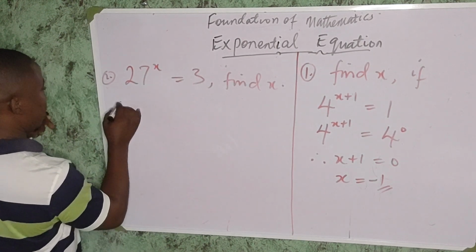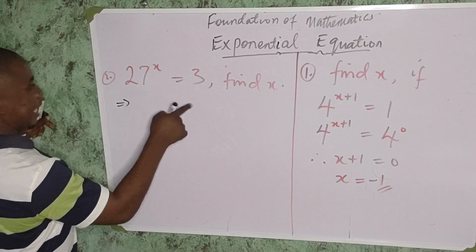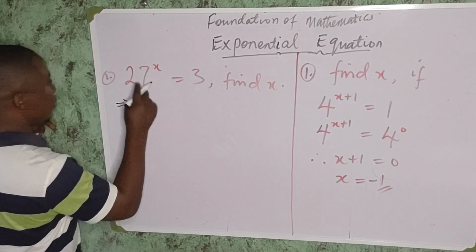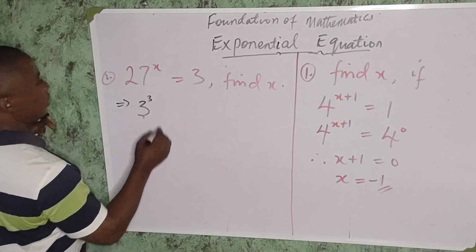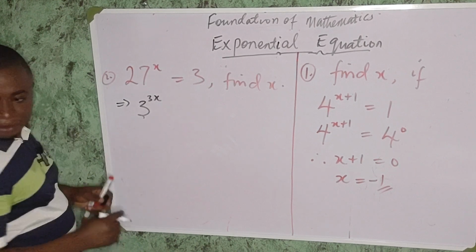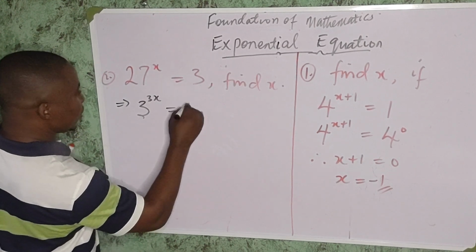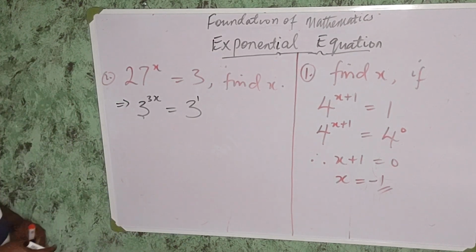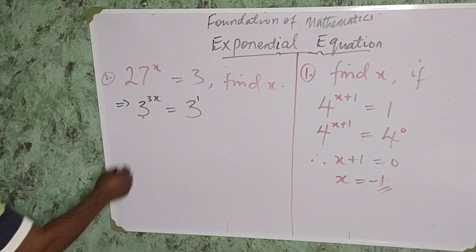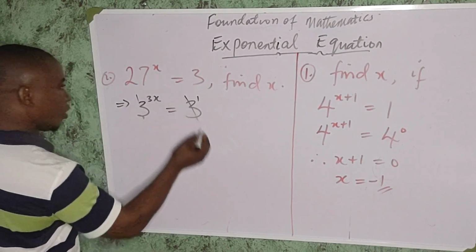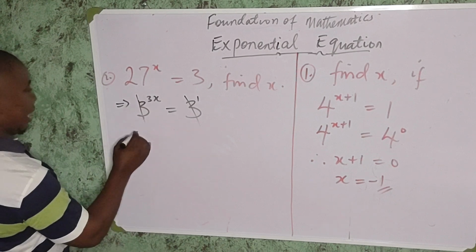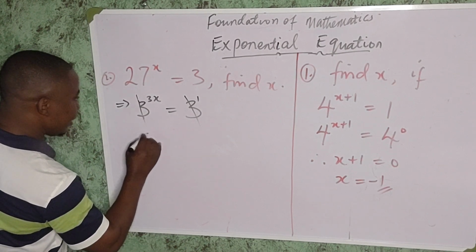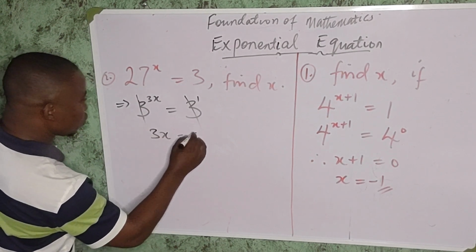Remember, 27 is 3 power 3, then times the x that is there, equals to this 3 that you see here, the same thing as saying 3 power 1. So you apply that first law. That will make us to have 3x equals to 1.